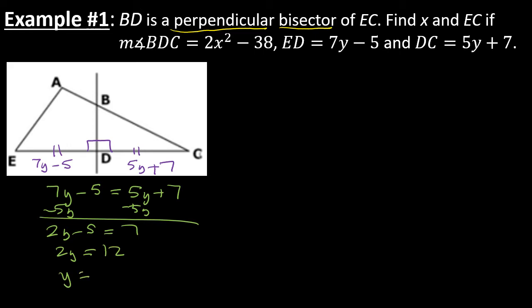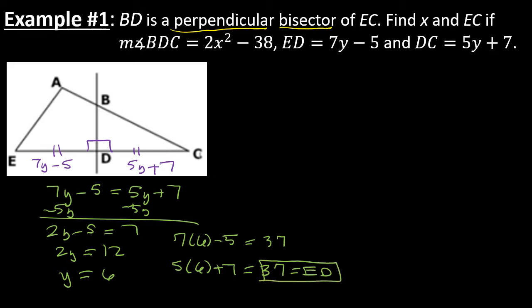All right. So after you do your quick algebra, we get that y equals 6. It doesn't matter what equation you plug that into. You can do 7 times 6 minus 5, or you can do 5 times 6 plus 7. Either way, we should get 42 minus 5 is 37, so the length of ED is going to be 37 units.